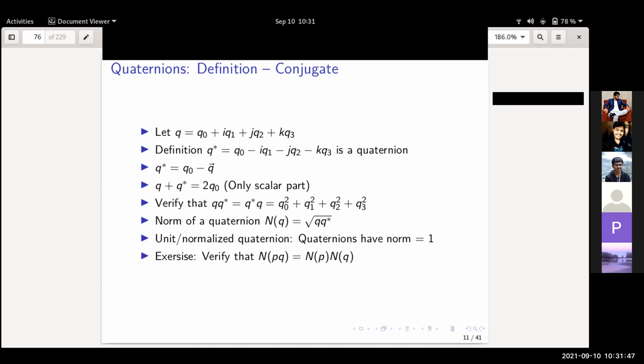Actually, e power i theta is only one vector, right? Check it out. You need actually a combination of these three, i, j, k.